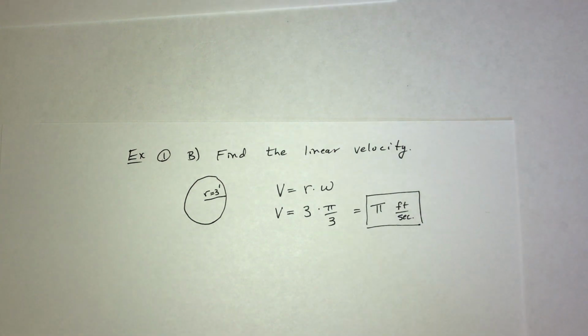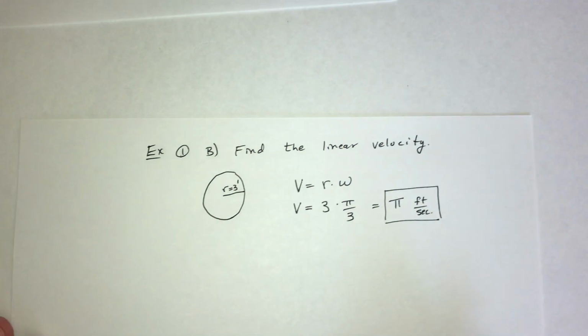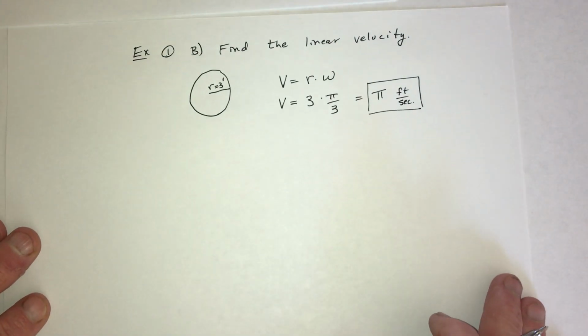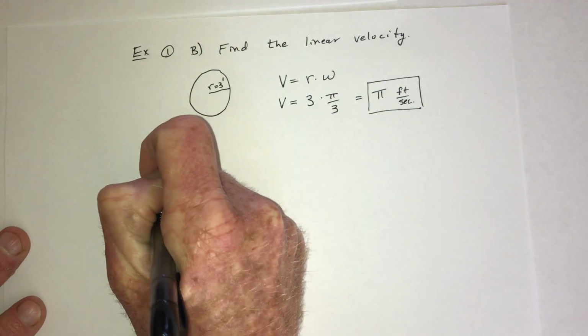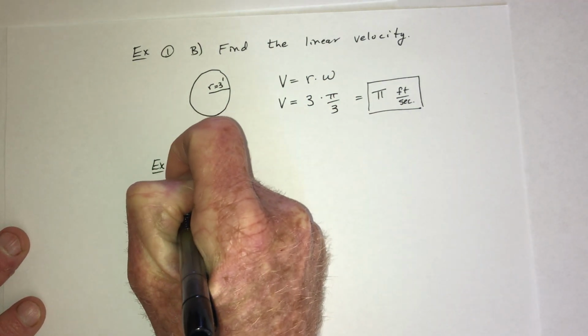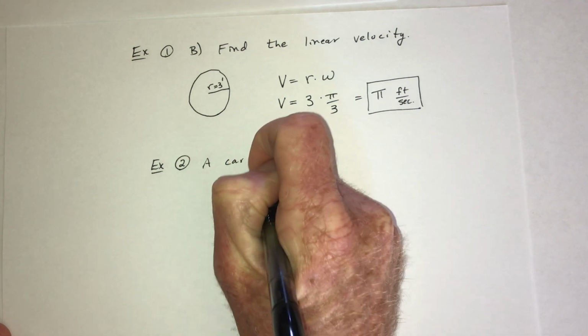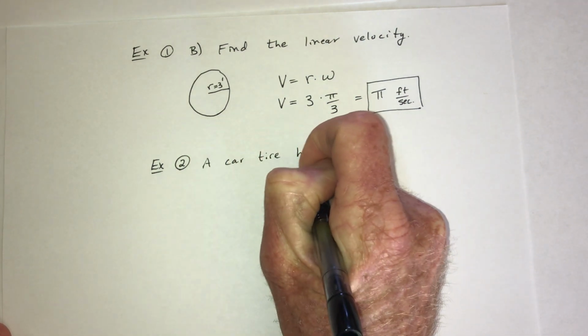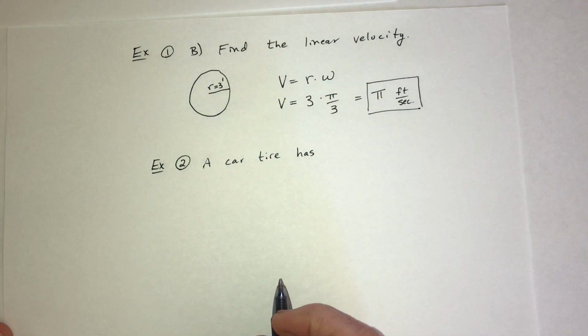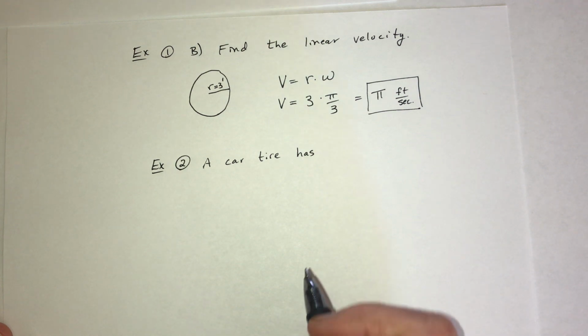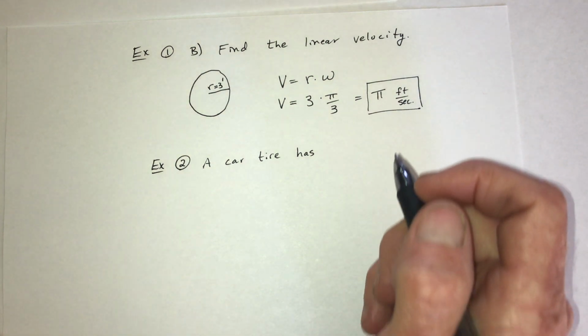Then for example number 2. Suppose that you've got like a Honda or something like that. So this car, the tire or the wheels have an 11-inch radius.